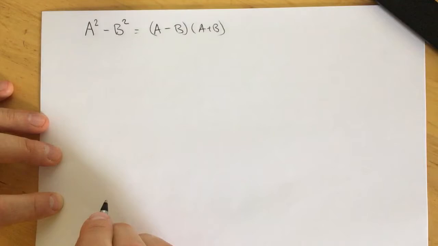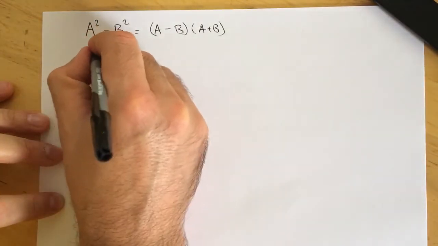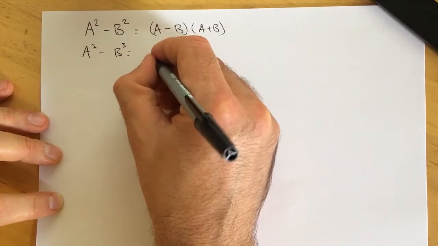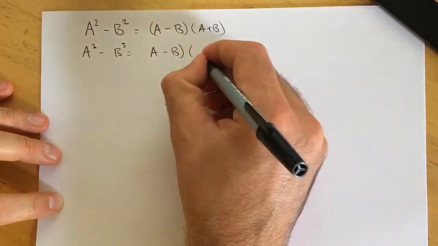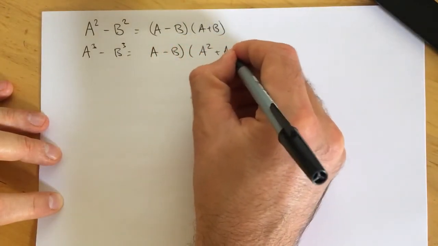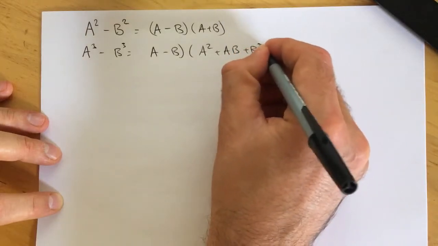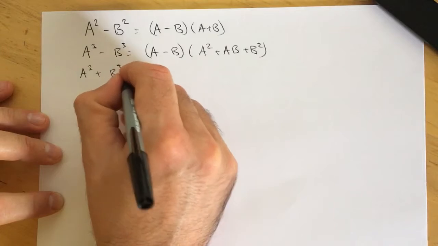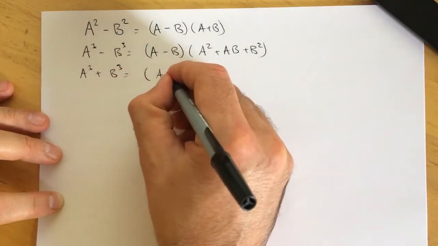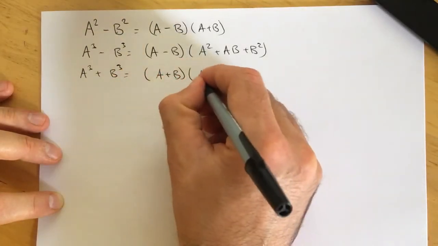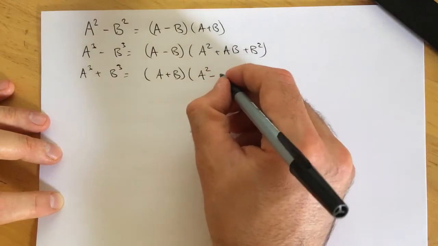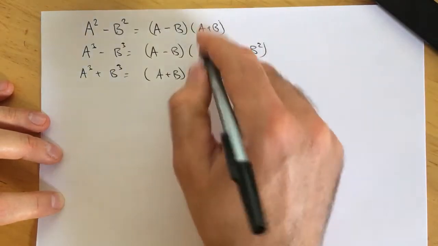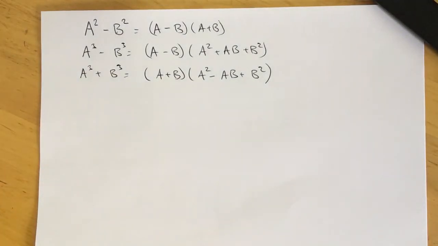A slightly more complicated case is the difference of cubes, which is a cubed minus b cubed equals a minus b times a squared plus ab plus b squared, and a cubed plus b cubed, which is equal to a plus b times a squared minus ab plus b squared. And we'll see how we're going to use each one of them.